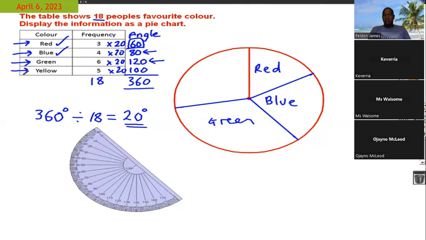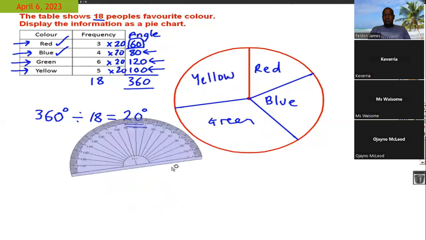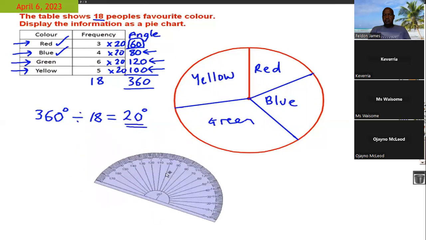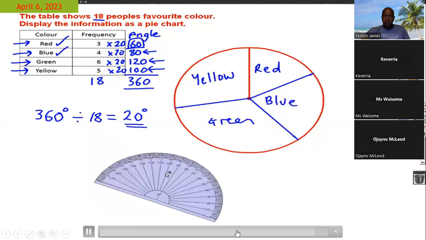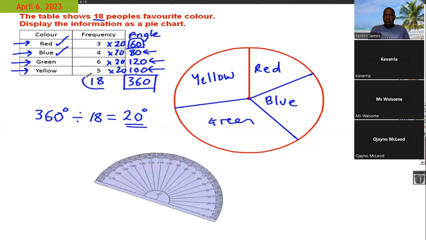So the last section should be 100 degrees. Well, the last section is the lowest still for it. So this last section is so we've done it. We've drawn the pie chart with all of that information. So let's retract that. Key things to remember is pie chart and sharing between having and together.